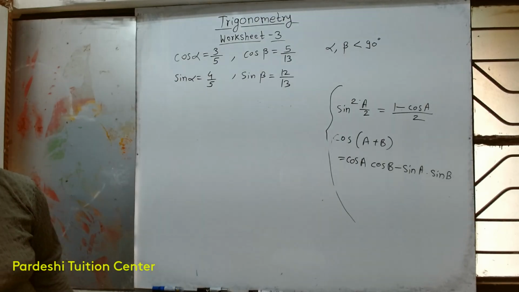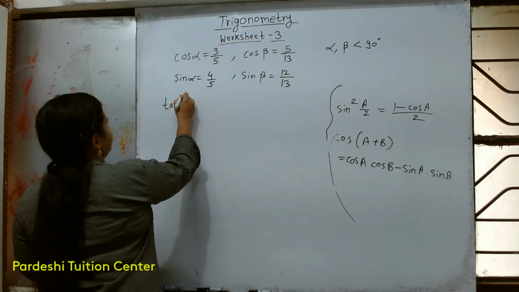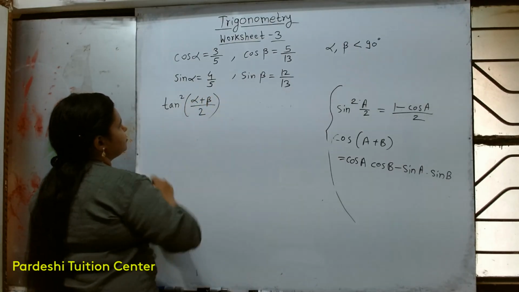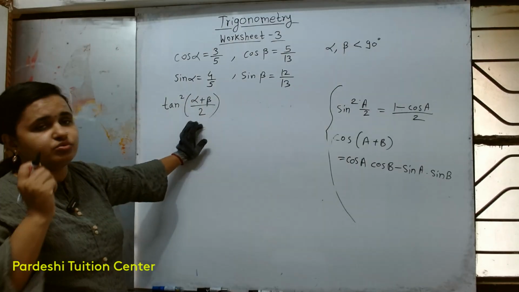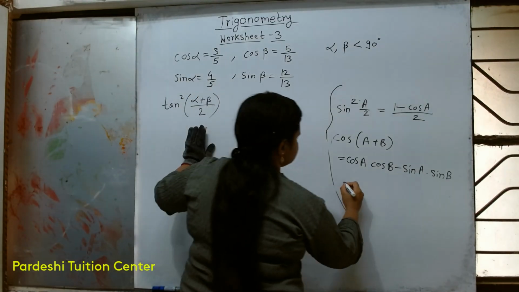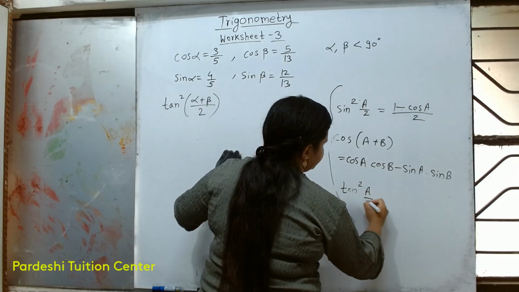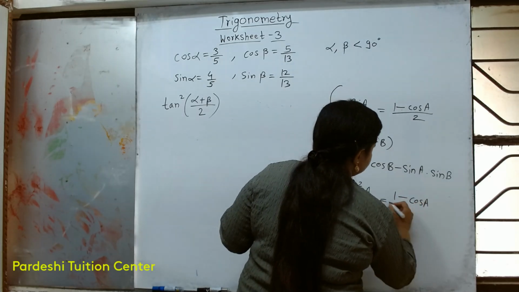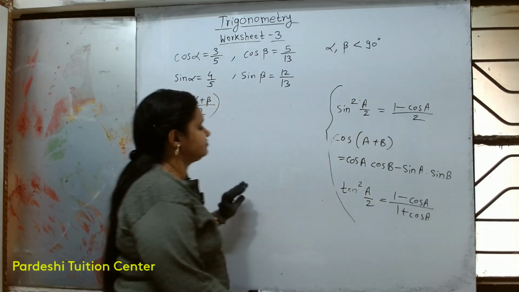Now tan square (alpha plus beta) by 2. For tan square A by 2, what is the formula?